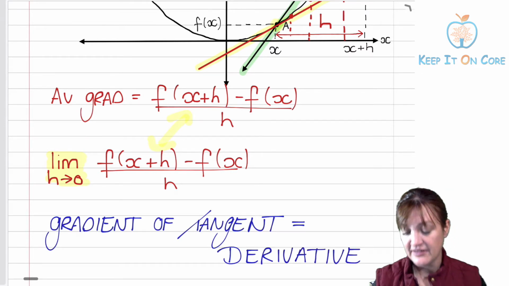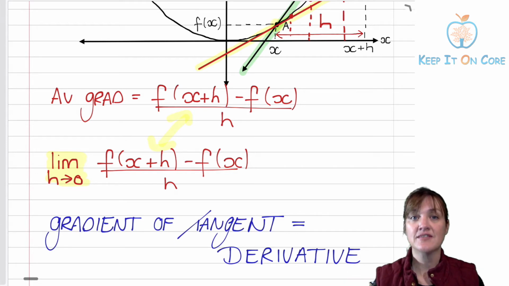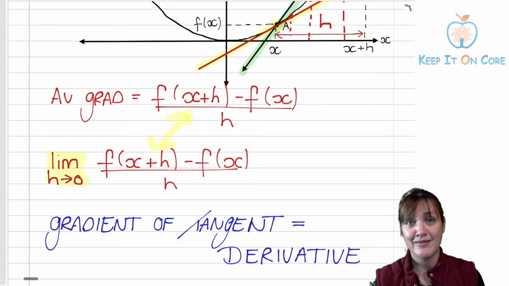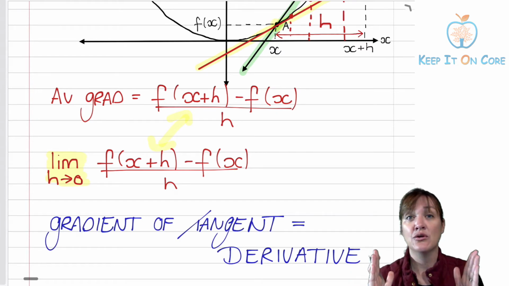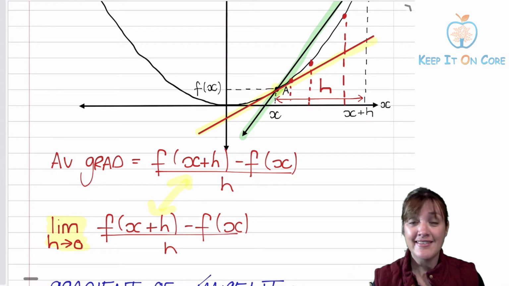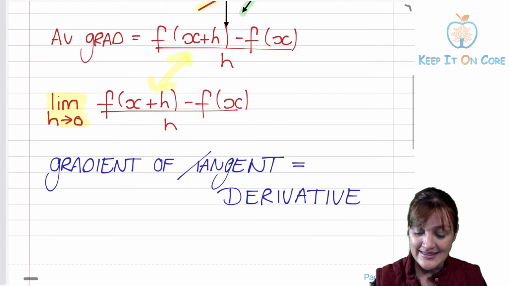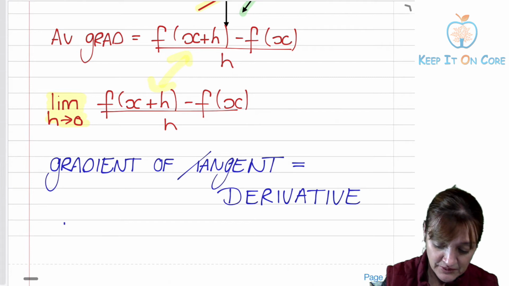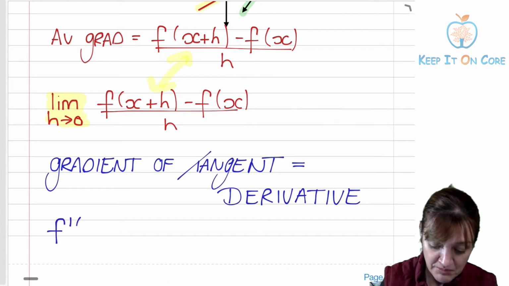Okay, so in calculus, you're going to hear this word derivative a lot, okay? And it's so important that you remember to just keep going back to the original definition of what a derivative is. It's the gradient of your tangent. Another way I could phrase that is I could say it's the rate of change at one point, okay? And what we normally do is we give the derivative a special notation. We don't just call it f of x, we call it f prime x.